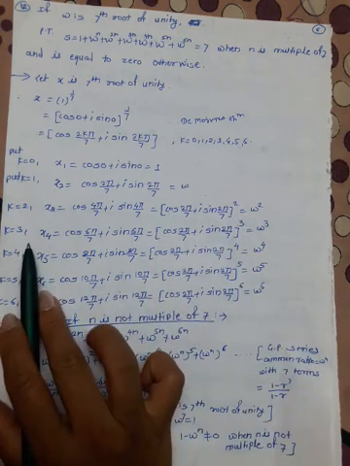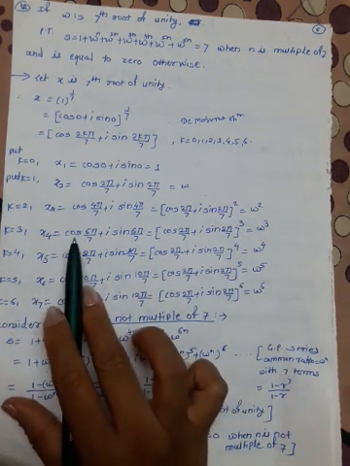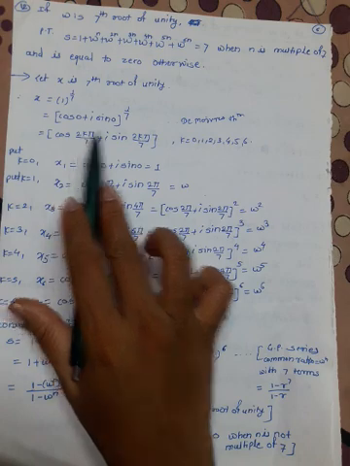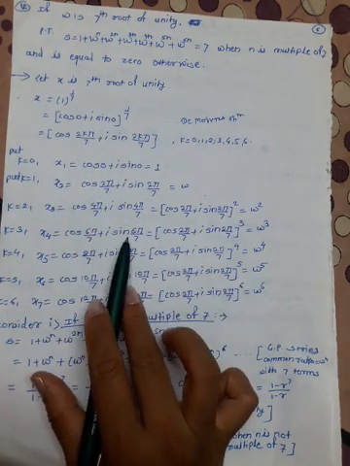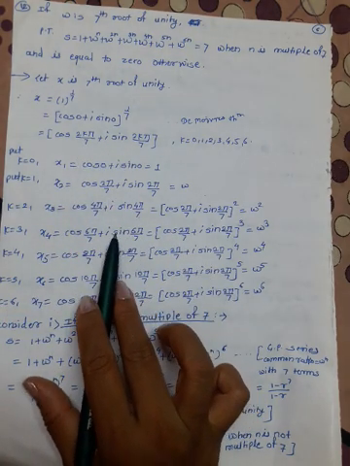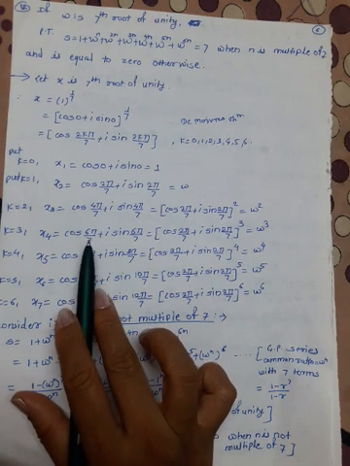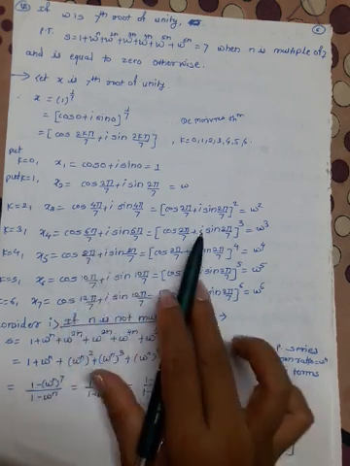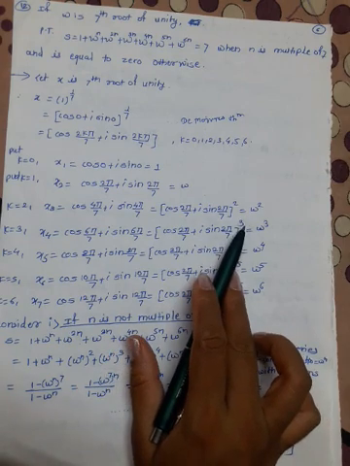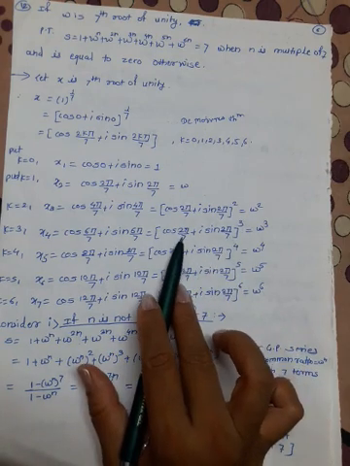Now put k equal to 3, we get the fourth root as cos 6 pi by 7 plus i sin 6 pi by 7. Again split 6 as 3 into 2 and take this 3 on the index using De Moivre's theorem.